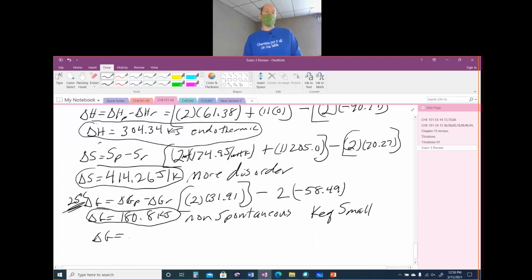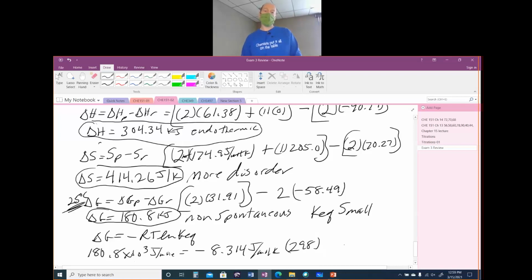Delta G is equal to negative RT ln KEQ. All right, so here I'm going to work in joules. 180.8 times 10 to the third joules per mole is equal to negative 8.314 joules per mole Kelvin, and the temperature, which is 298, we're at 25 degrees Celsius, and we can calculate our KEQ.